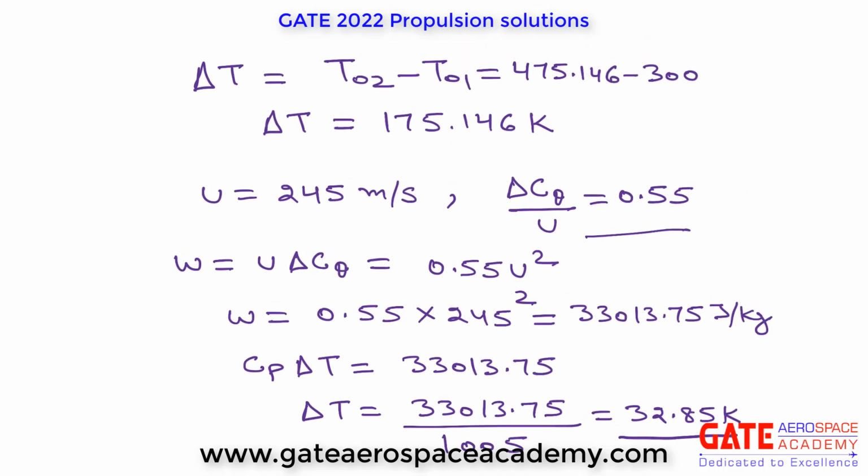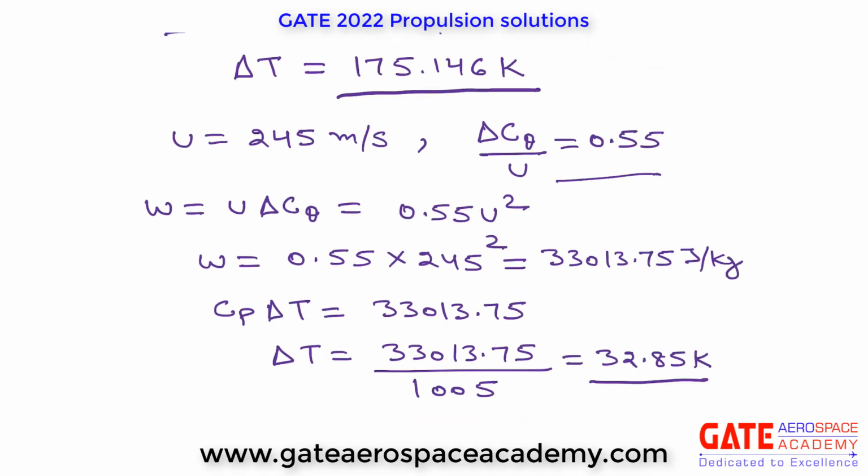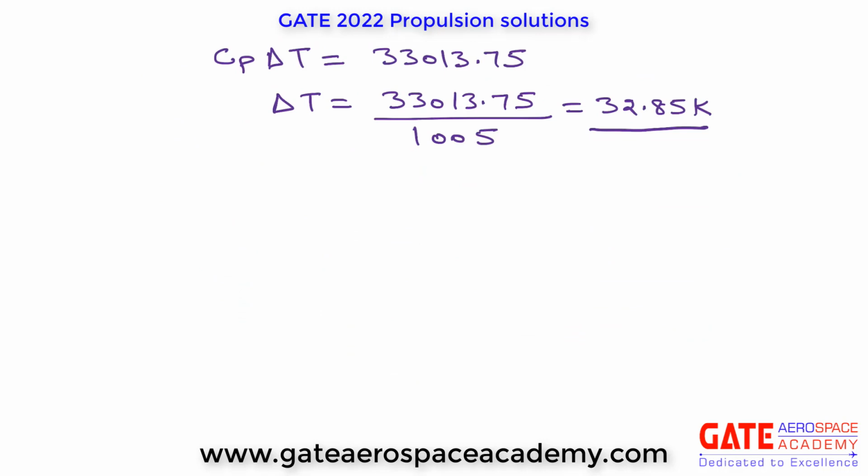For complete compressor delta T is this much. So number of stages will be delta T for compressor divided by delta T for one stage. So number of stage N is equal to delta T for complete compressor upon delta T for one stage.